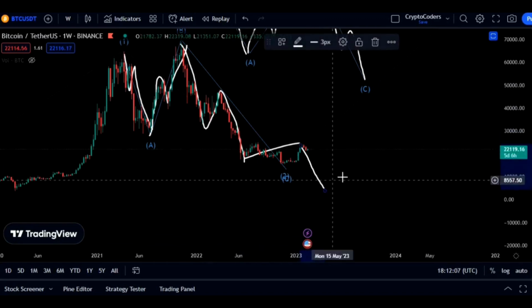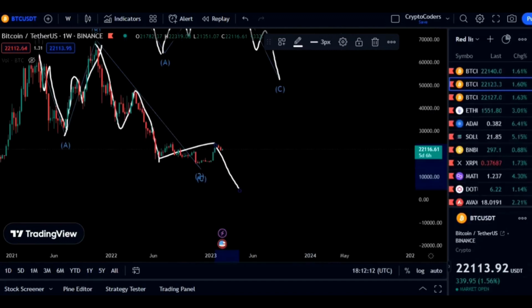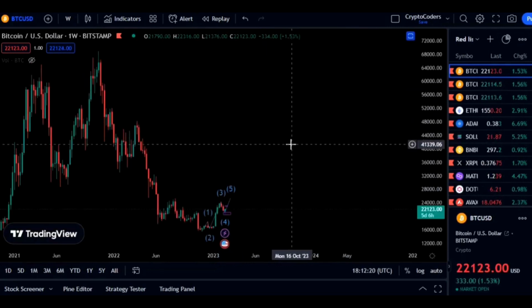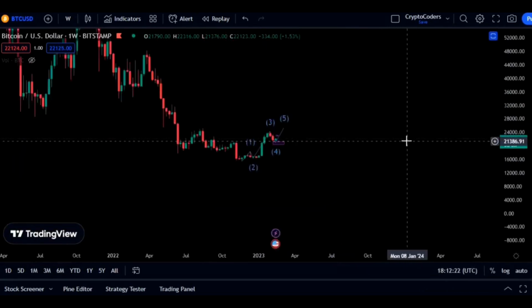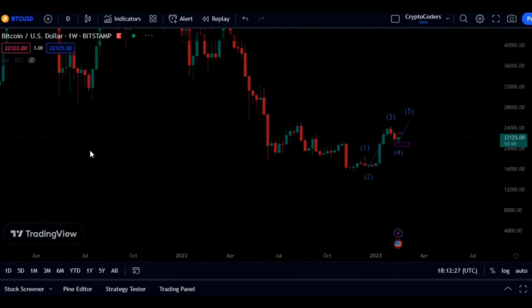Now let's go in this structure to see what we have here. It's loading. Let's go on daily time frame.